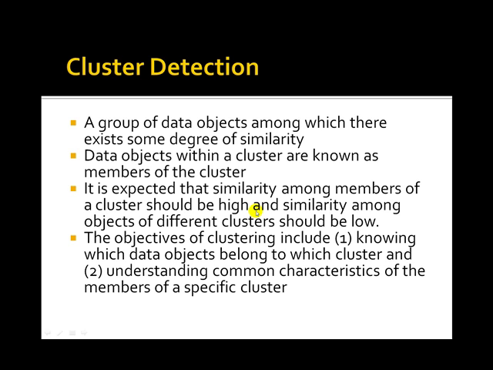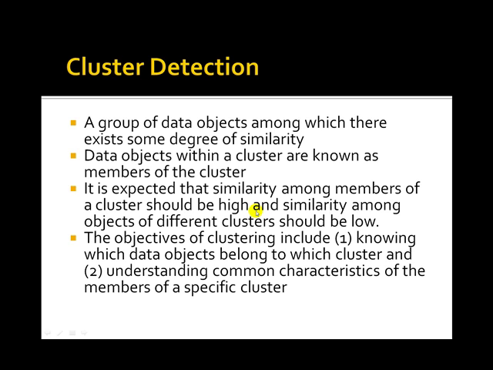Alright, cluster detection. A group of data objects among which there exists some degree of similarity. So that's what we mean by a cluster. The data objects within a cluster are known as members of the cluster. It is expected that similarity among members of a cluster should be high, and similarity among objects of different clusters should be low.